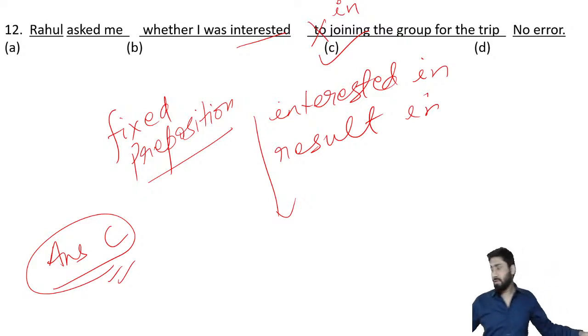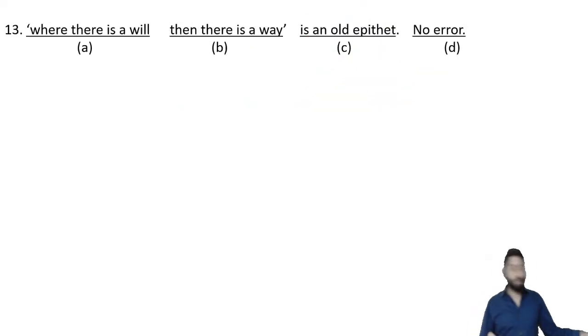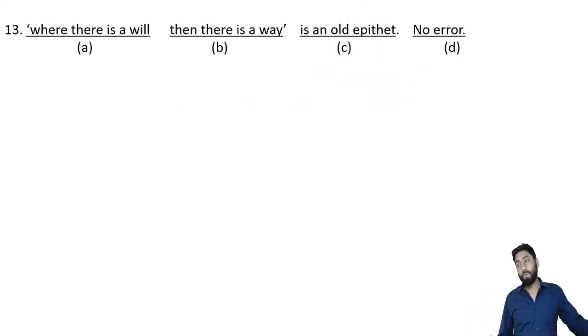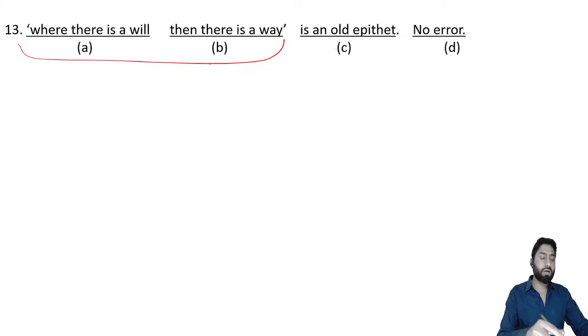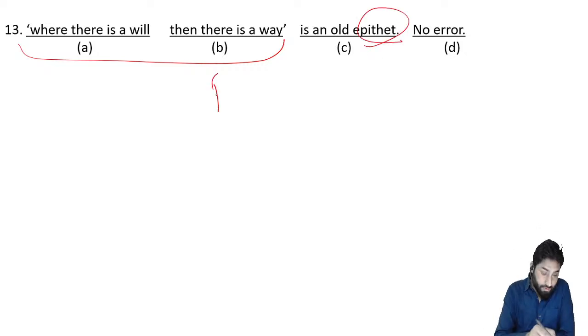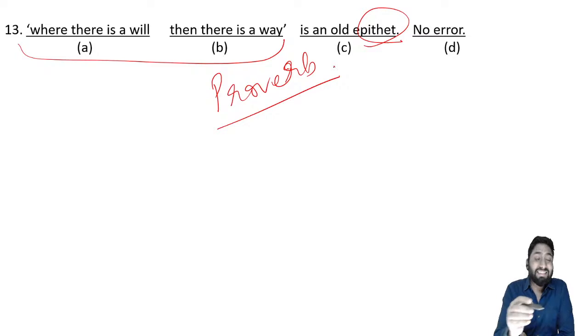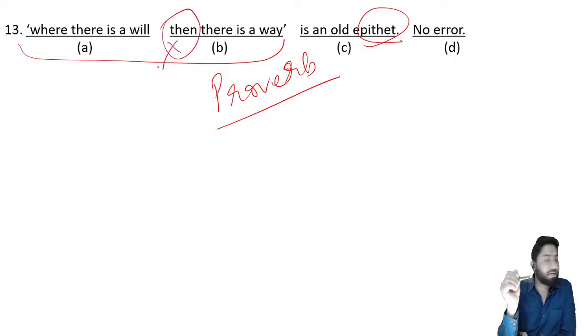Let's see ahead. Next, the next one is: where there is a will, there is a way. You are pretty much familiar with this. It's a proverb, right? Where there is a will, there is a way. So this one extra word has been added into it, which is not correct. Also, epithet means some insulting word. That's not correct here.